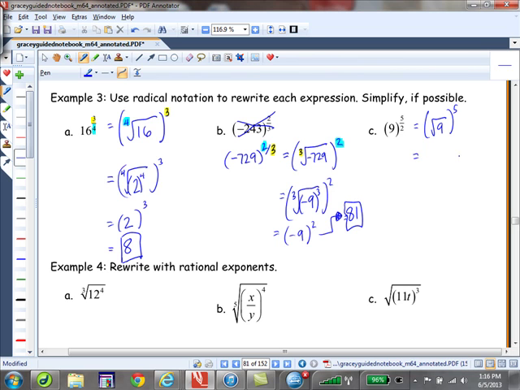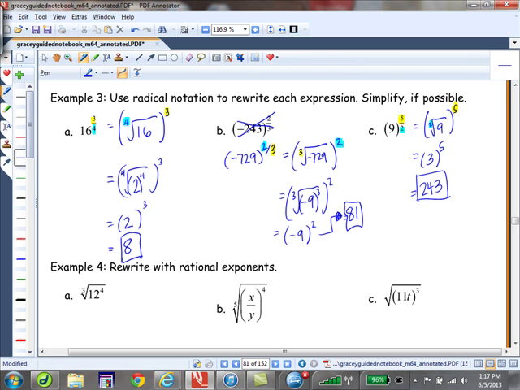The square root of 9 is 3, so we'll be raising that to the 5th, which is 243. And again, we can go ahead and write that little 2 there right now if you need to. So actually, I've been doing the power in yellow. So power over root.